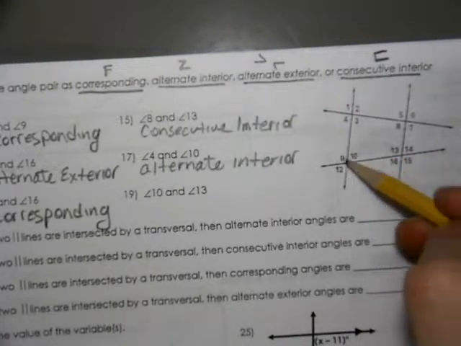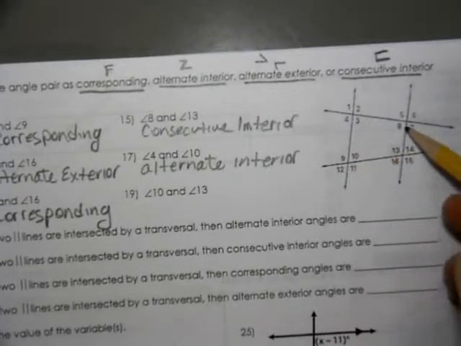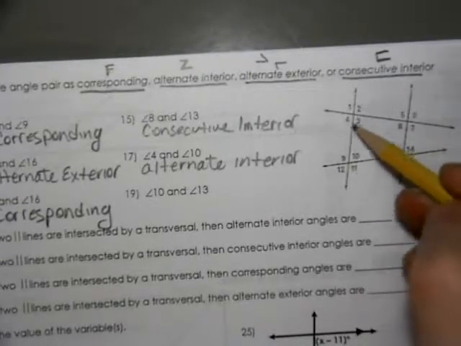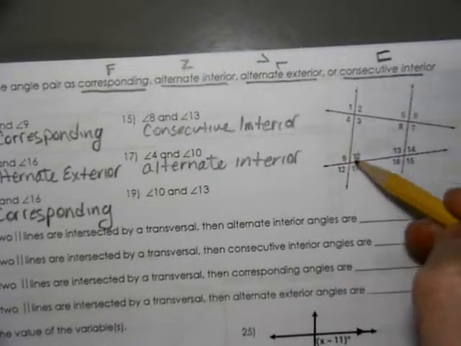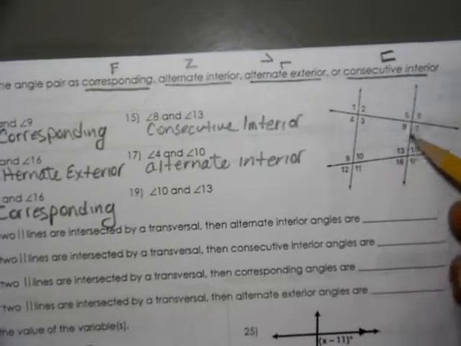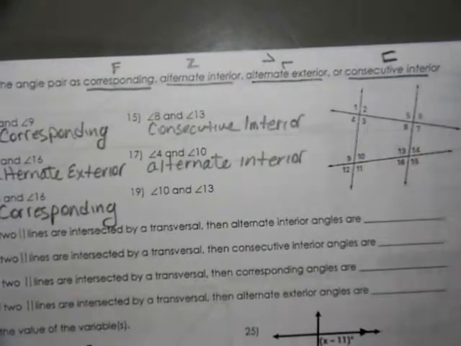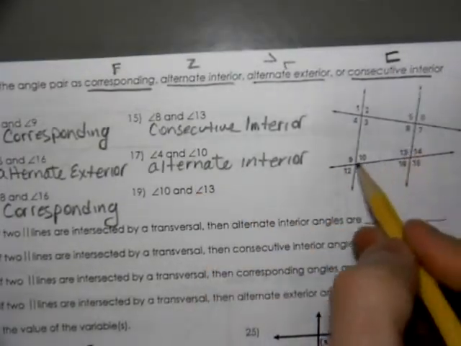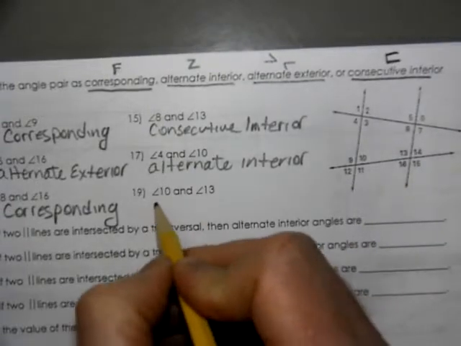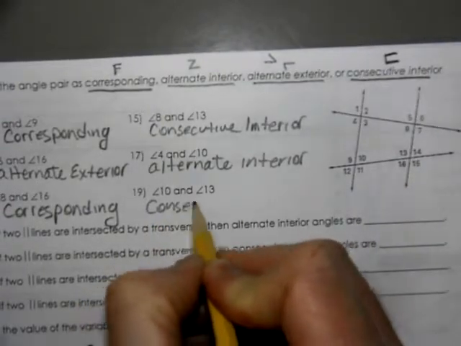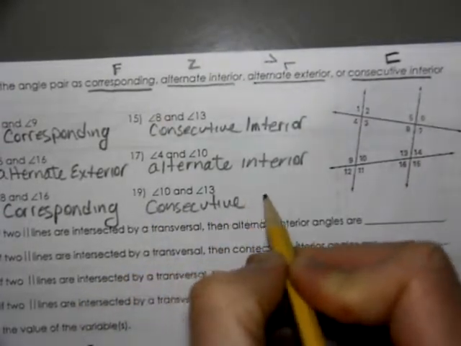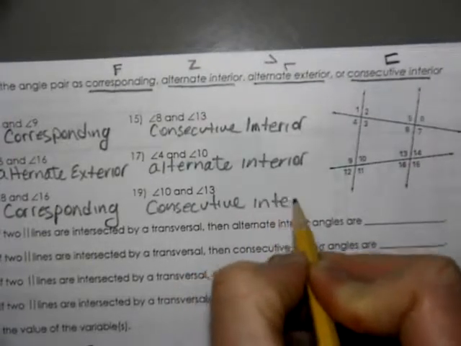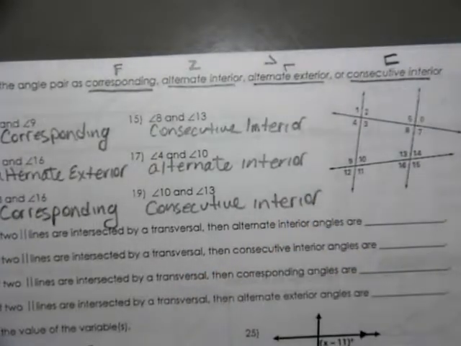So tracing out what looks like 10 and tracing out what looks like 13. If you see, they're both inside. They're both on the same side of this transversal. They're making the C type shape. Looks more like a U from this point of view. It's called consecutive interior.